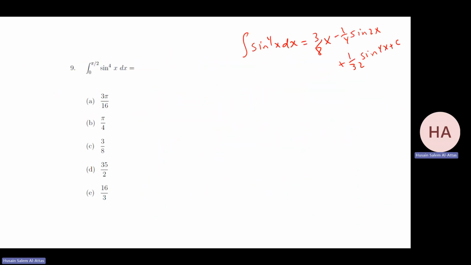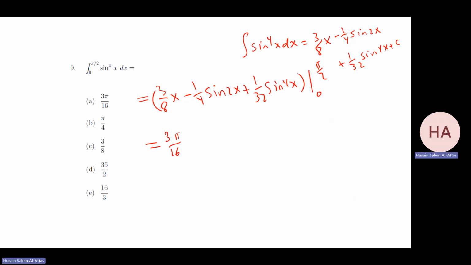Then I have this one: 3 over 8 x minus 1 over 4 sine 2x plus 1 over 32 sine 4x from 0 to pi over 2. Just apply the formula. That will be 3 pi over 16.